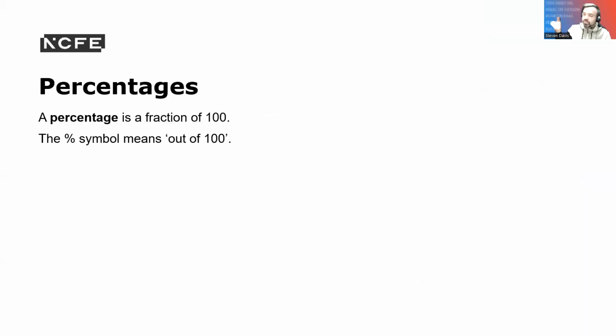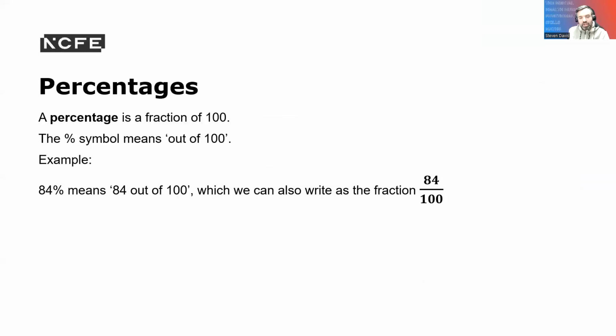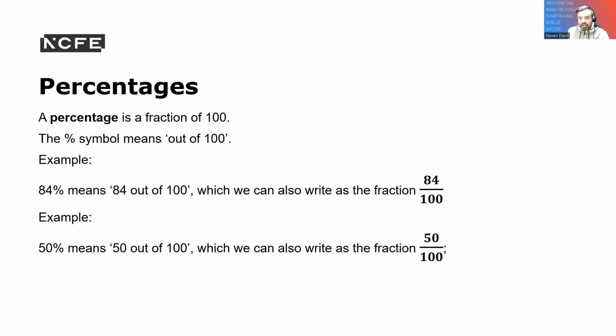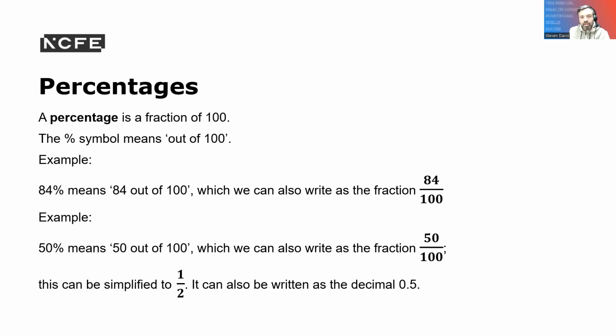So percentages, we've just done this. We know a percentage is a fraction of 100. This means the percentage symbol means out of 100. So for example, 84% means 84 out of 100. We can also write this as a fraction, 84 over 100. 50% means 50 out of 100, which means a fraction of 50 over 100.